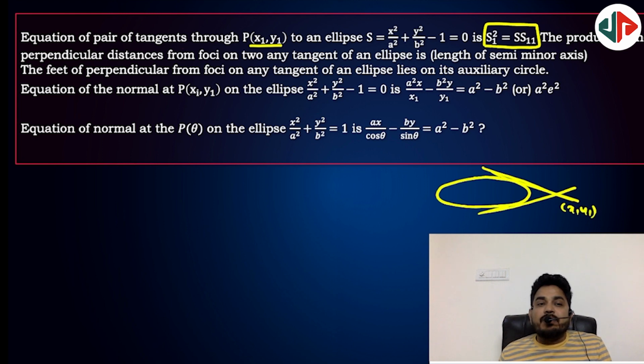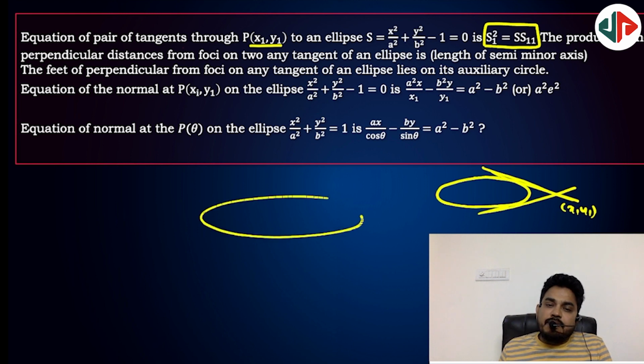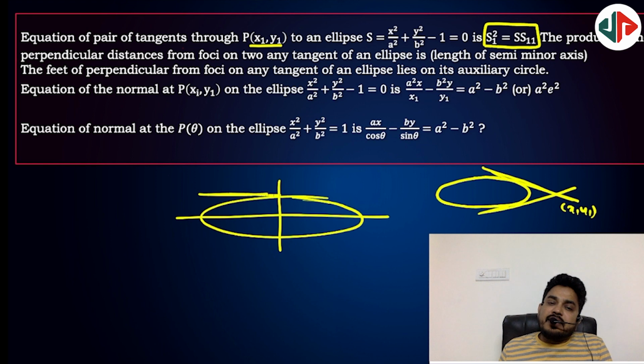The product of the perpendicular distances from the foci on any tangent of the ellipse is the square of the length of the semi-minor axis. Means you have this ellipse, and a tangent like this.